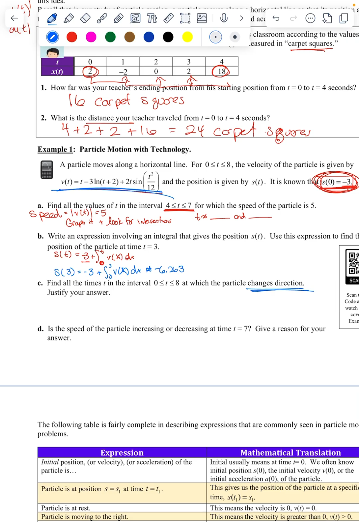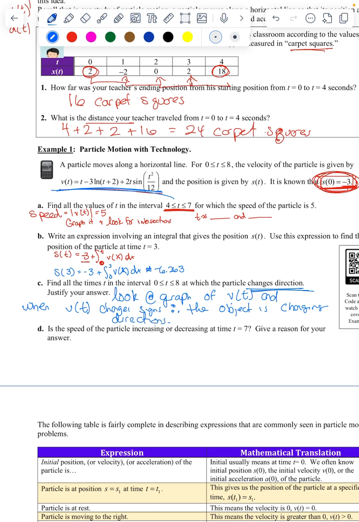All right, find all the times in the interval at which the particle changes directions. So remember that the particle changes directions when the sign of v of t changes. So you need to look at the graph of v of t, and when v of t changes signs, that's when we know, therefore, the object is changing directions.